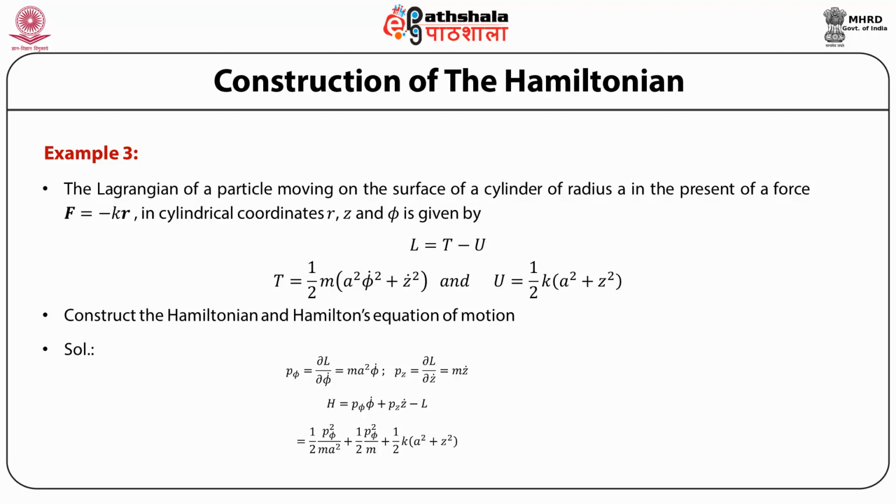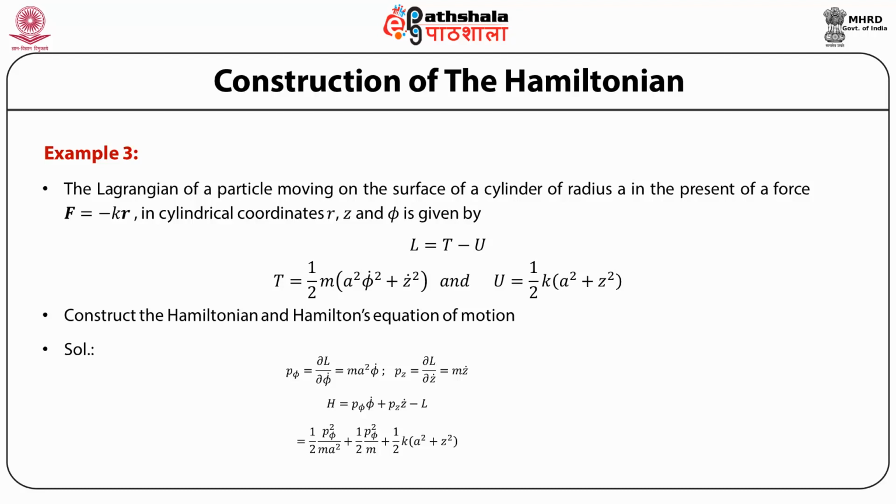So the momentum conjugate to the coordinate phi, namely p phi, is equal to the partial derivative of L with respect to phi dot, which from the expression above is nothing but m a square phi dot, and the momentum conjugate to the coordinate z is p z, equal to dL by d z dot, which is m times z dot.